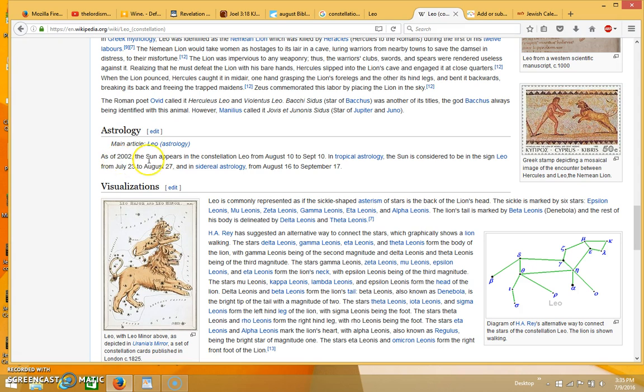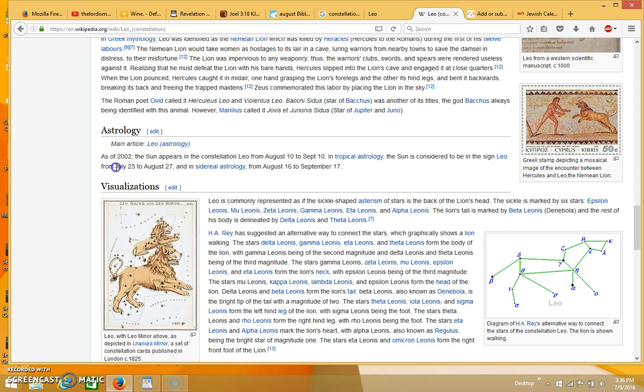So as you can see here, the sun is in the constellation Leo from August 10th through September 10th, but it's actually considered to be in the sign of Leo from July 23rd to August 27th. And then it says here in sidereal astrology it is from August 16th to September 17th.